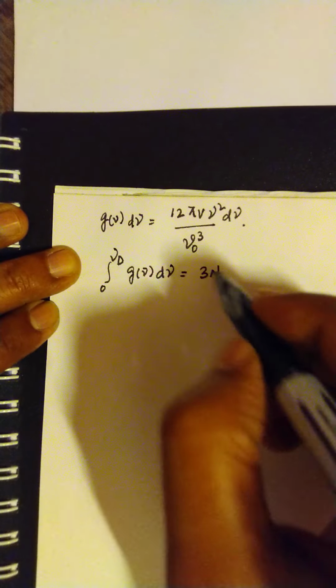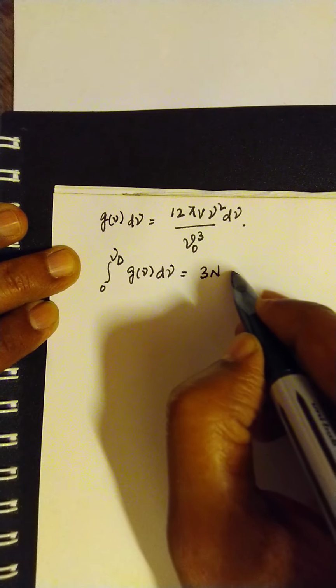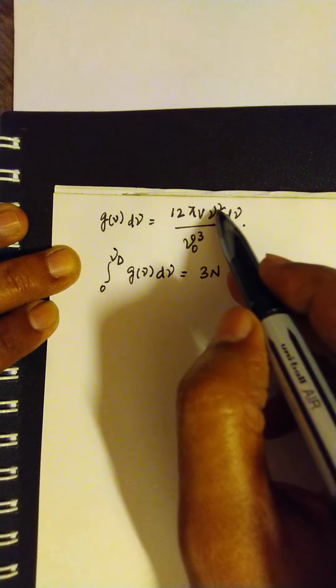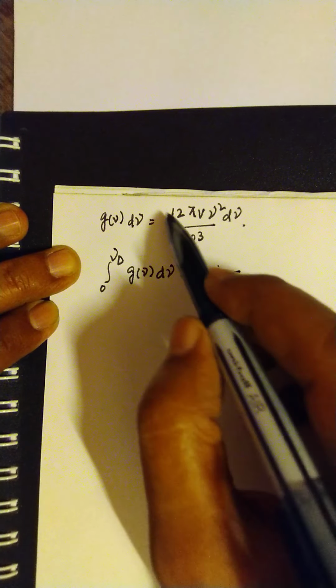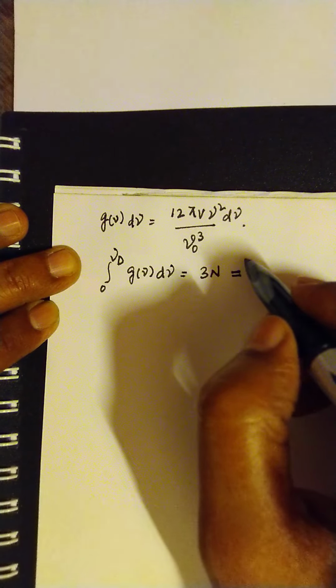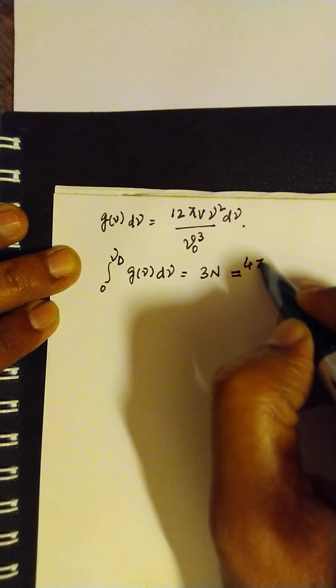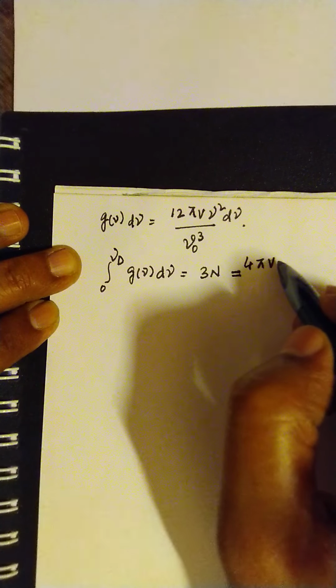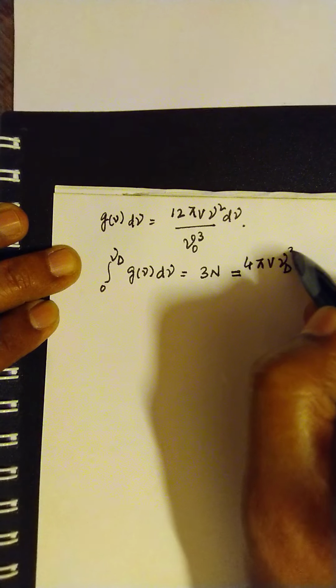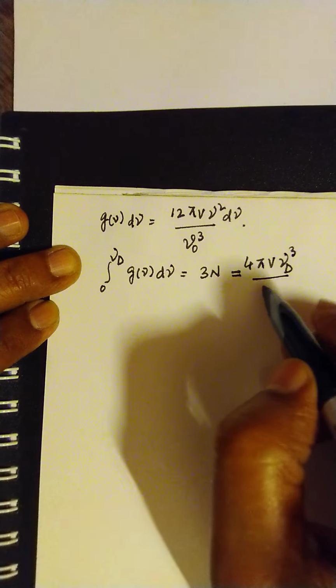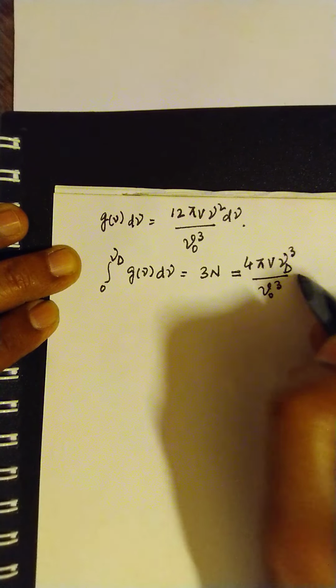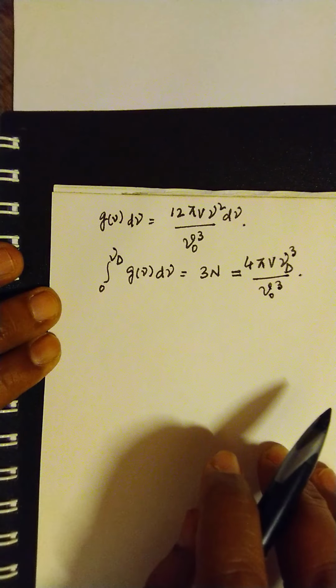Now given this, if we just substitute it, that becomes nu cube by 3, and 3 gets cancelled, so this actually becomes 4 pi V nu_D cube divided by v0 cube, considering v0 is a constant value.